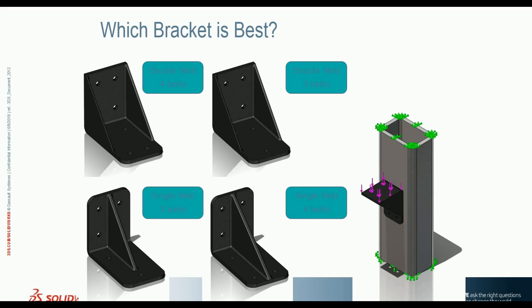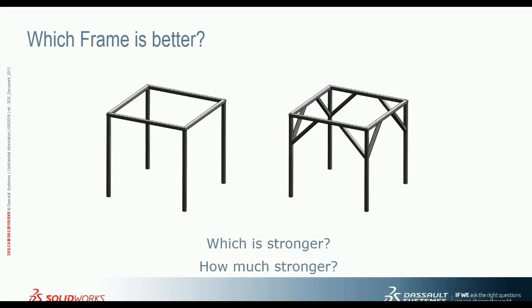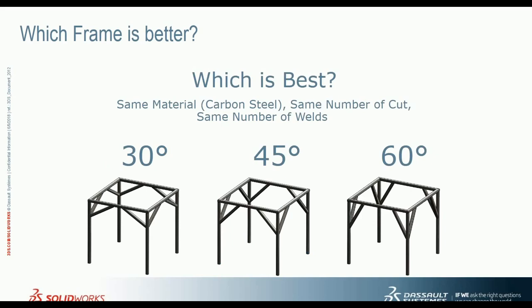The next one is different kinds of frames, and actually this is one with a 16,000 Newton load acting on the upper surface of this frame. If gussets are provided, which is stronger and how much stronger, and at what angle should I provide the gussets?